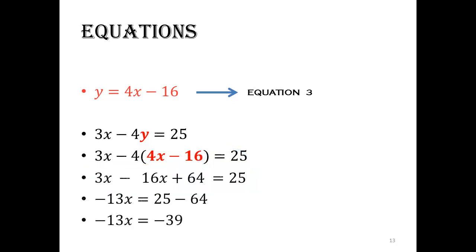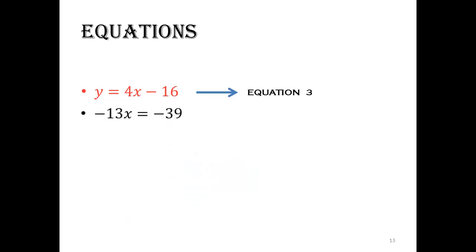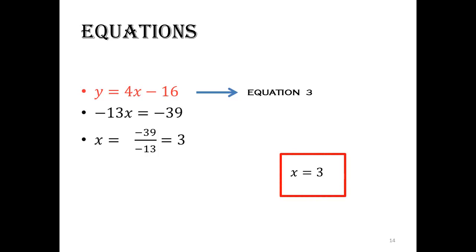And here we will divide minus 39 by minus 13 and the value of x is 3. So this is our first part of the solution. Now to find the value of y, we will put this value of x in equation number 3.